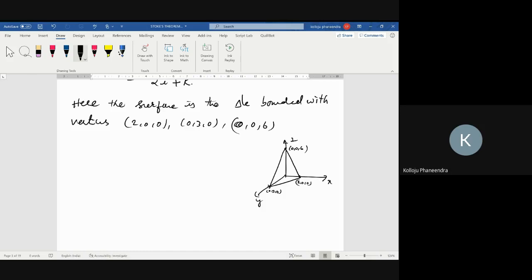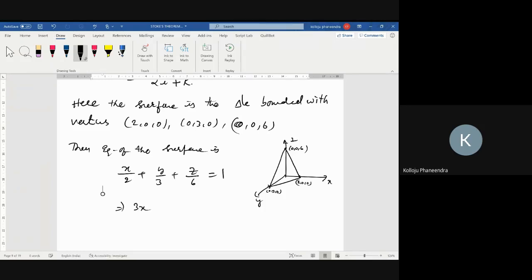So what is the equation then? With x-intercept, y-intercept like that, the equation of the surface is x by a plus y by b plus z by c equal to 1. If I take LCM 6, this is 3x plus 2y plus z equal to 6. This is the surface phi.